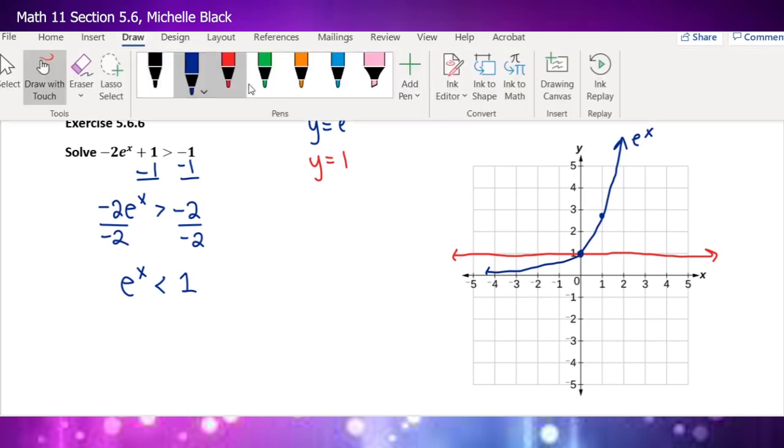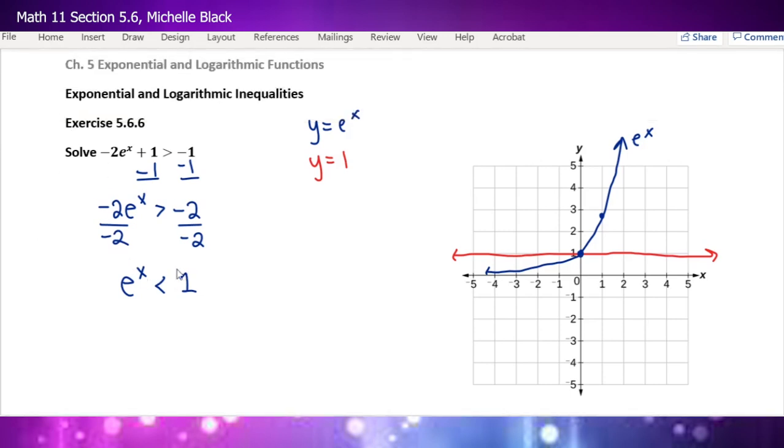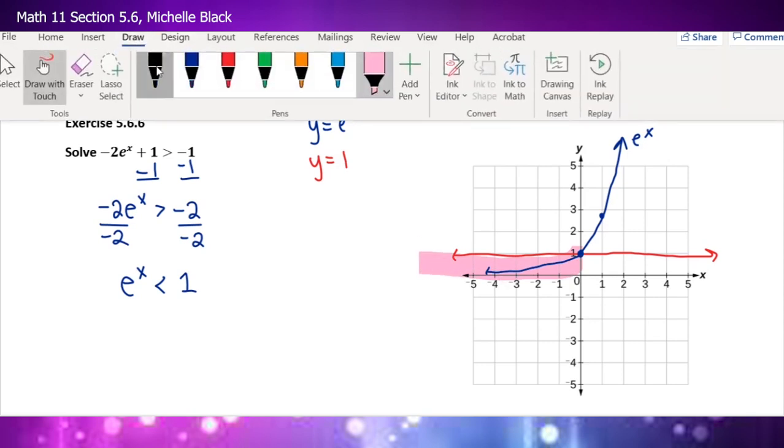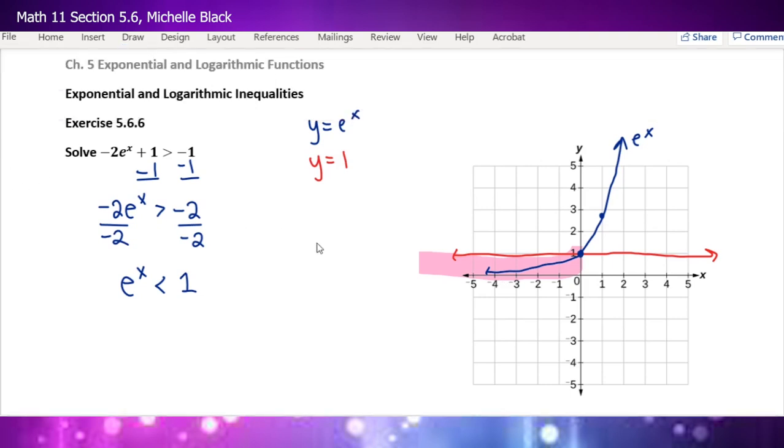So this is my e to the x, the other one is 1. So on this graph, where is e to the x under or less than my graph y equals 1? Well, that's going to be from here this way. Or in terms of x values, it's going to be when x is from negative infinity up until x equals 0.